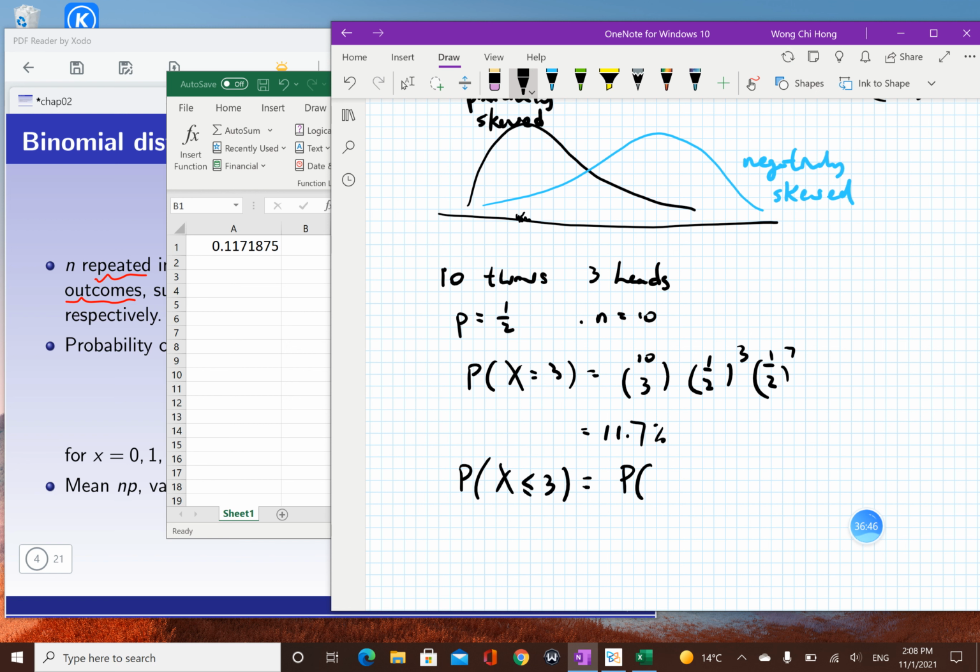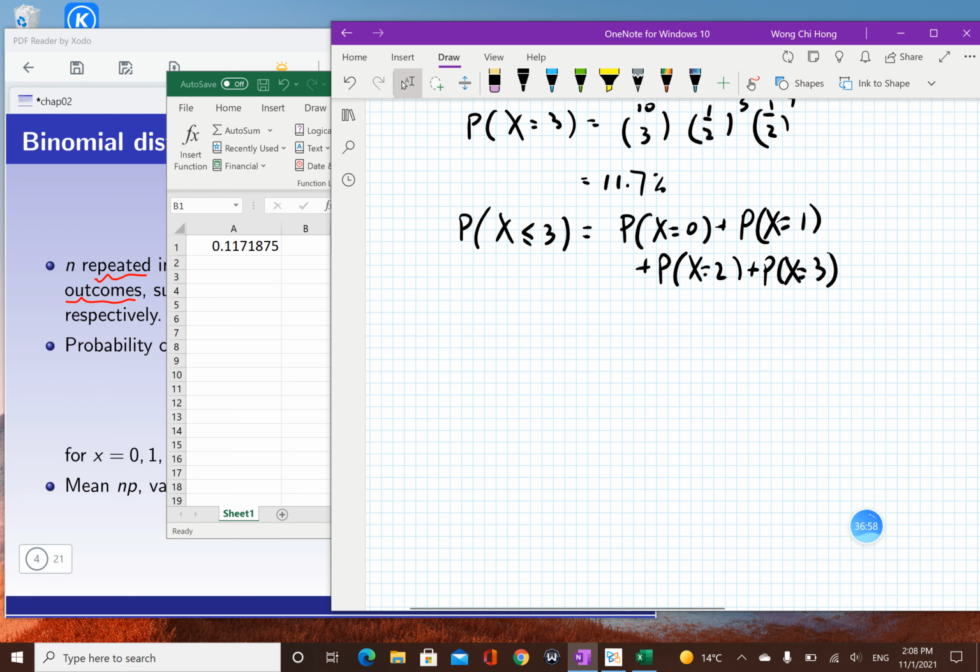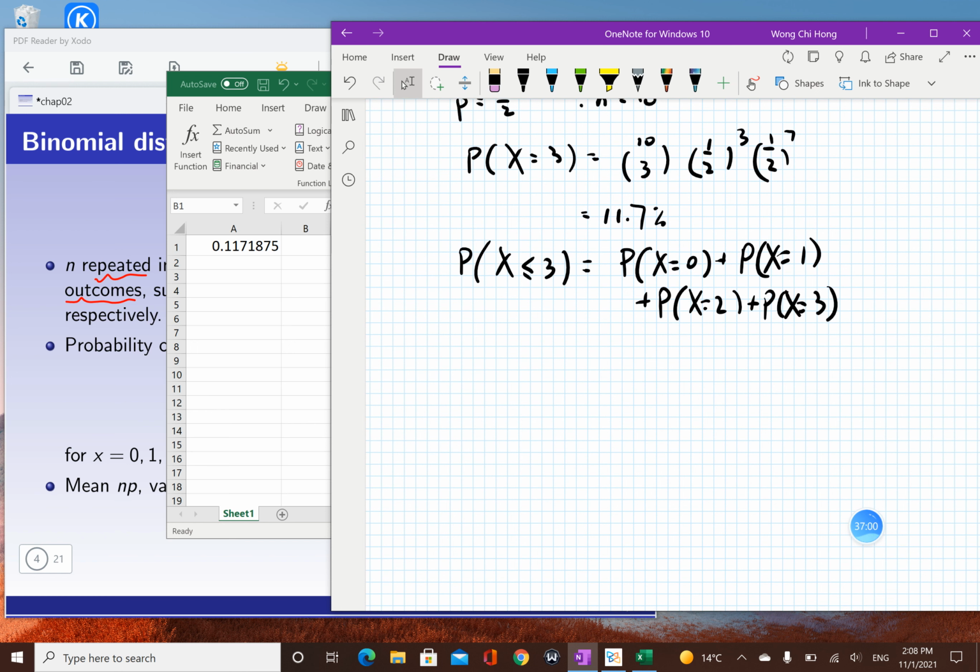On the other hand, if I prefer to work out P of X less than or equal to 3, you can do this by working out P of X equal to 0 plus P of X equal to 1 plus P of X equal to 2 plus P of X equal to 3. You can find the probability of X less than or equal to 3 by working out all 4 of those probabilities and adding them together.